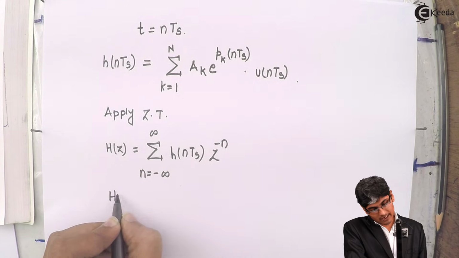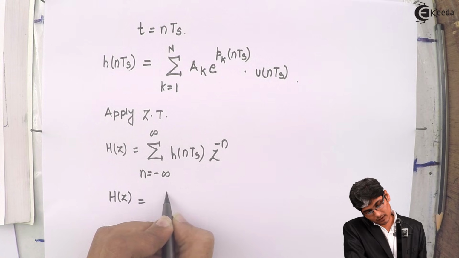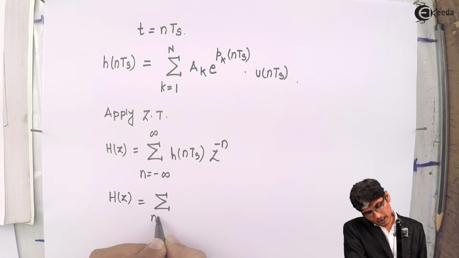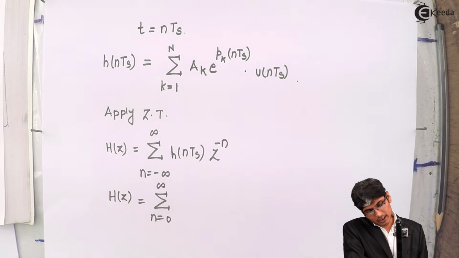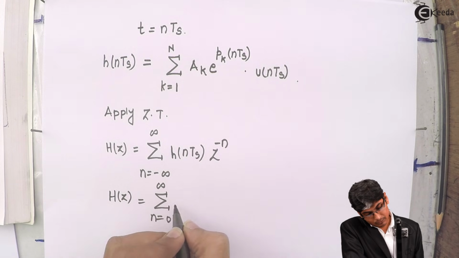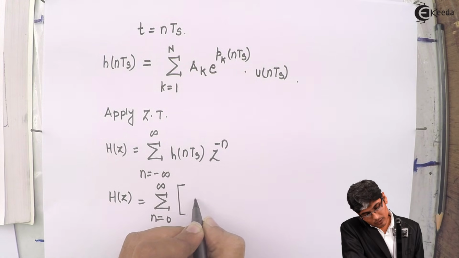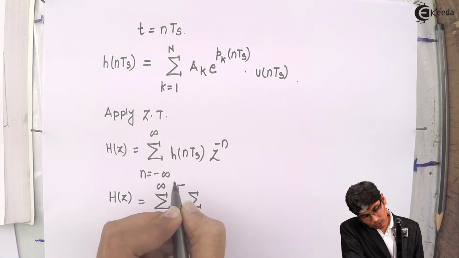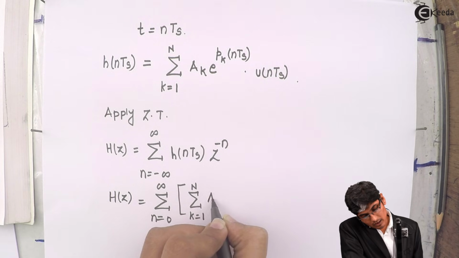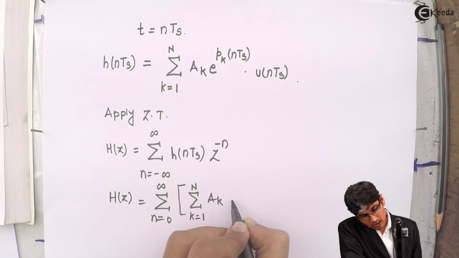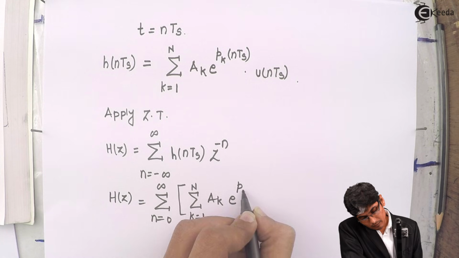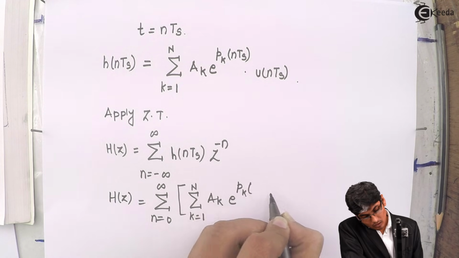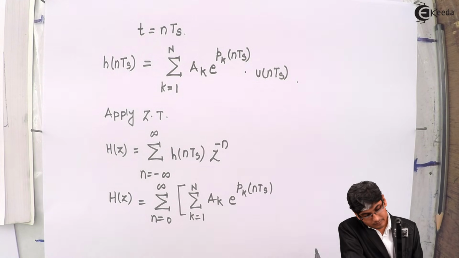So my H of z now will look like summation n going from 0 to infinity. I'll substitute the value, which is again a summation, k goes from 1 to n, a_k e raised to p_k of nTs.